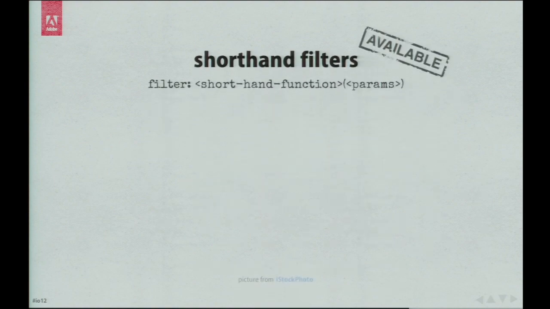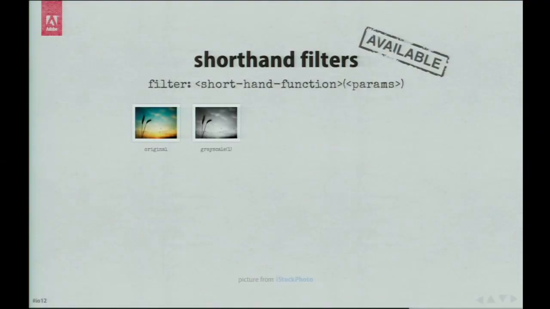Now, let's turn to the new filter effects, the ones that are starting to be available now. The easiest way to use them is with shorthands. So if you look at the way you would write this in your CSS, you would just add a filter property. You say colon, and then you invoke one of the filter functions. So if we do this on this original image, and apply, for example, a grayscale filter, I just have to say, filter colon grayscale 1, and that applies a full grayscale filter.